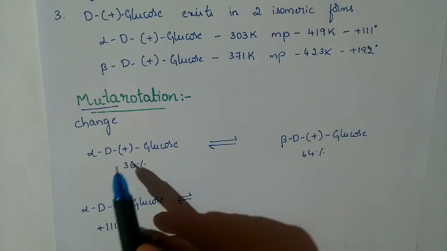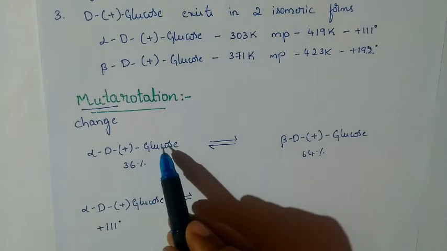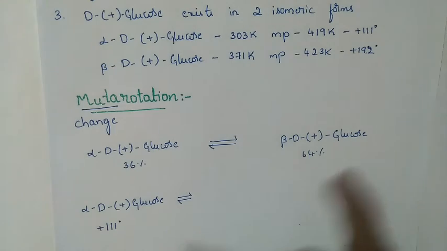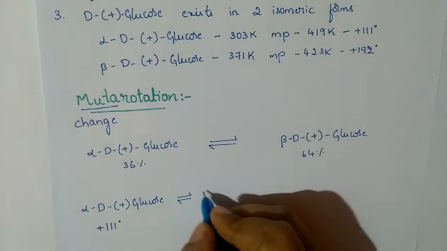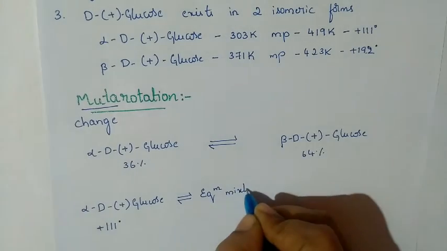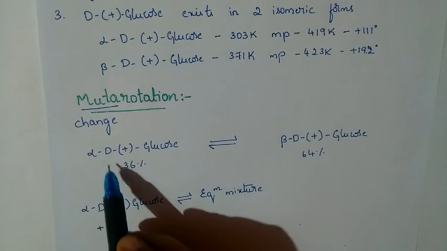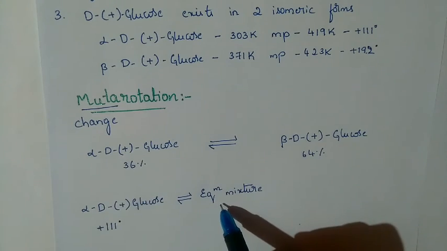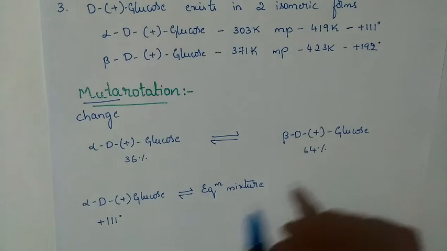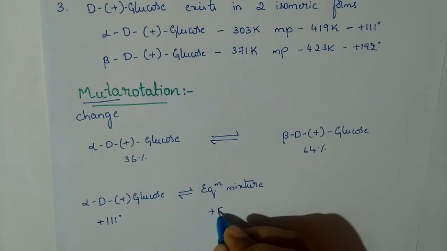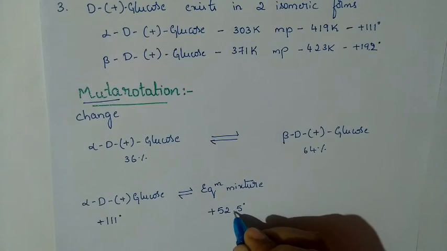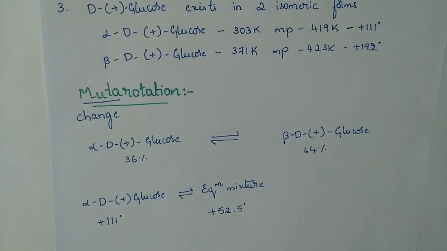That equilibrium mixture consists of 36% alpha D plus glucose and 64% beta D plus glucose. That gives rise to a specific rotation of 52.5 degree.